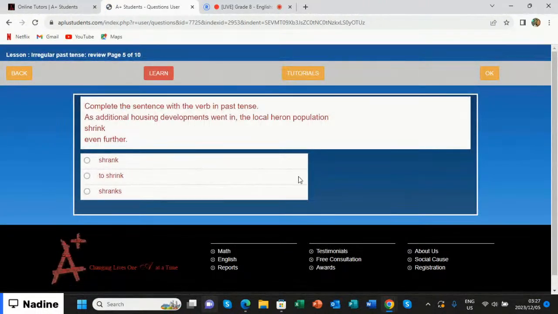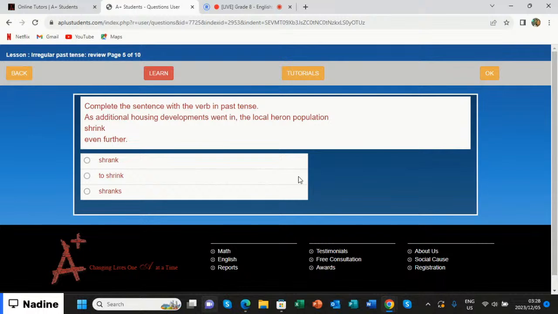Let's do one more. As additional housing development went in, the local heron population shrink even further.